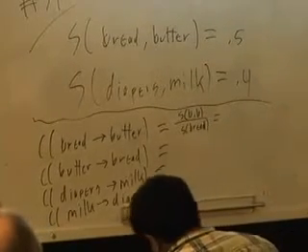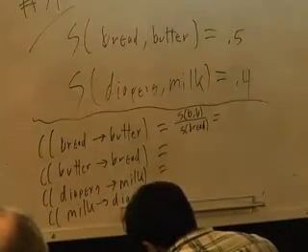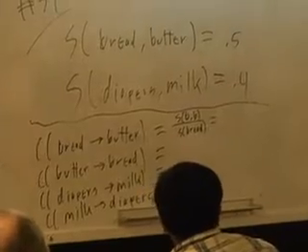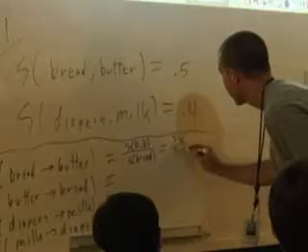It's easier to see here that if you look at bread, 1, 2, 3, 4, 5 people bought bread. Butter, 1, 2, 3, 4, 5 people bought butter. They're identical. The bread and butter are identical in this data. So both of these are 5 out of 10. 5 people bought both bread and butter. 5 people bought bread. So this rule has confidence 100%.